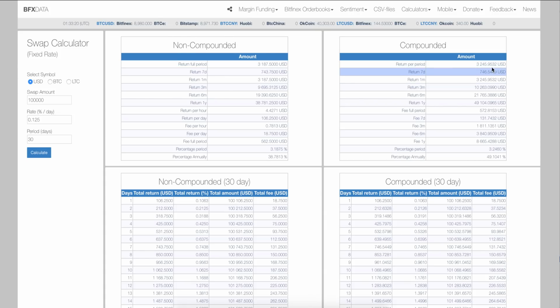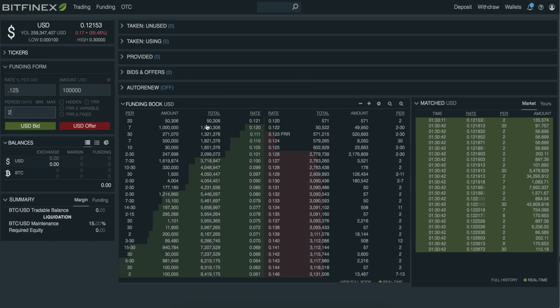If you kept compounding that, you would make $3,245 in interest for a month. That's 49% APR compounded. That's crazy. To basically do nothing except reset loans. $3,000 a month to do loans off $100,000. That's like unheard of. So that's basically what it is.